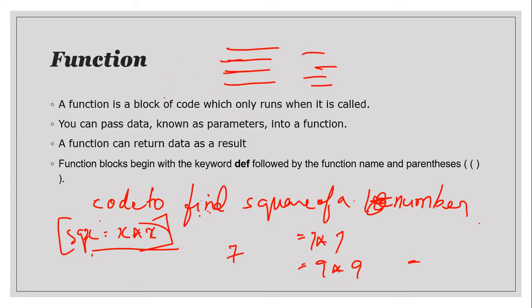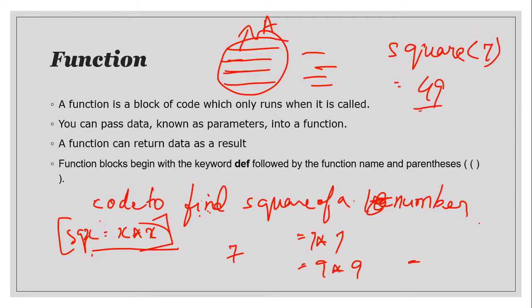But in a function, because a block of code is there, I will name this block of code as something and then I can just keep on calling it. Suppose for the square one, now I have square. I will just pass the value and it will give me the square.